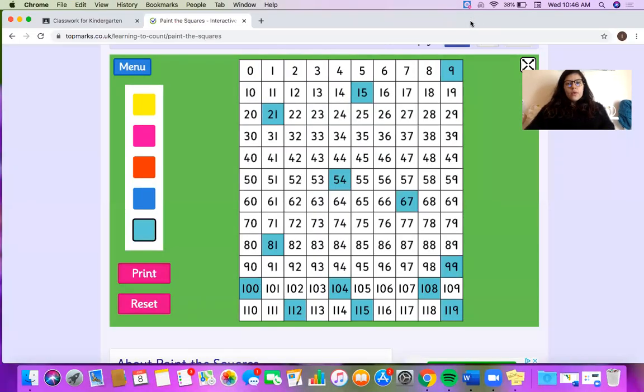Okay, we are going to be diving into our lesson of the day. Today we are continuing to measure with our rulers, and we are going to be moving away from inches and focusing on the other side of the ruler. Do you remember what the other side of the ruler measures?